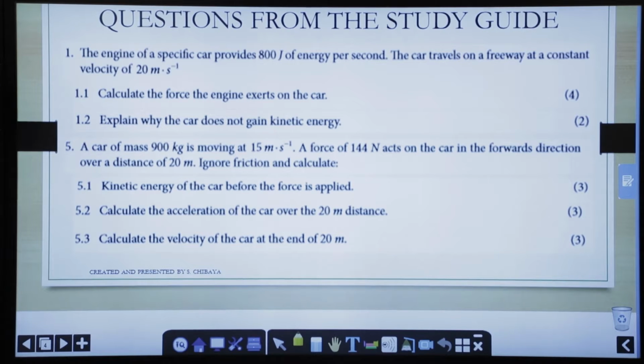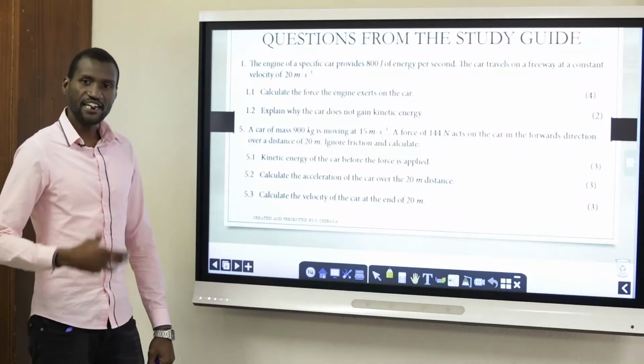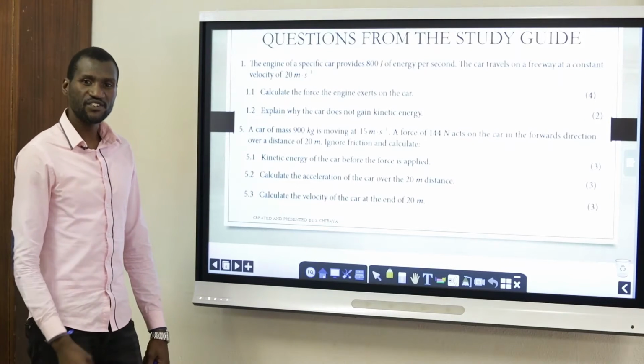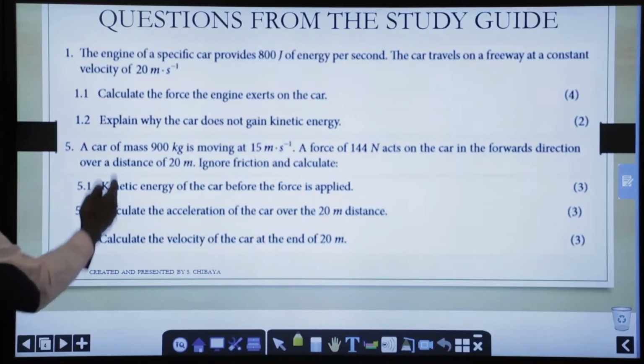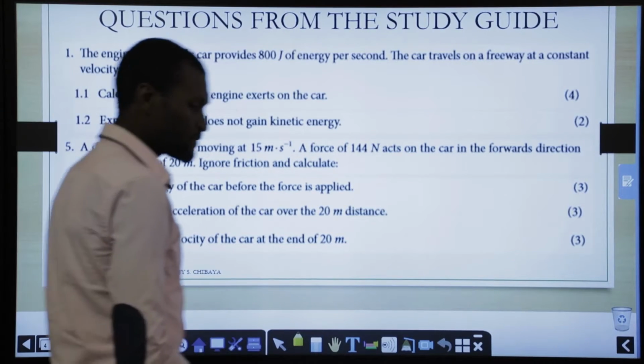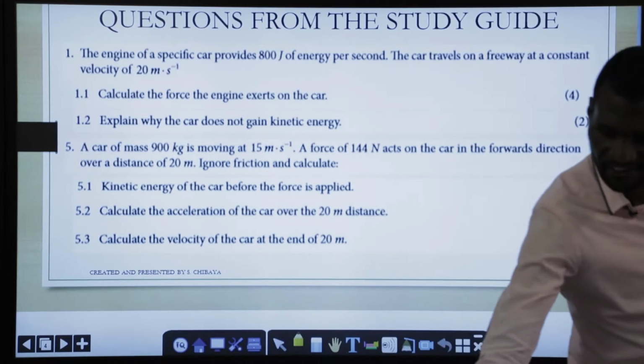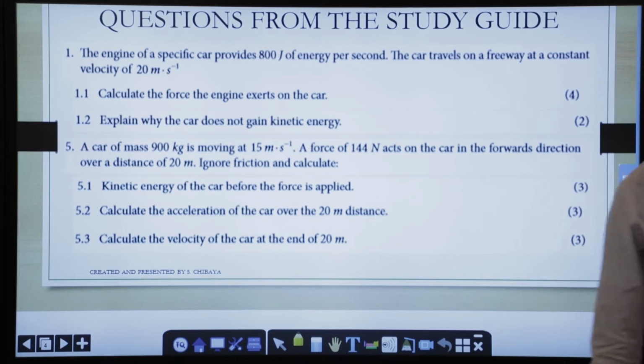Here is a couple of questions that I just picked from the study guide randomly. I am encouraging you to get hold of that book so that you can learn more on the aspects that you need to know for your exam. So let's look at the few questions quickly.